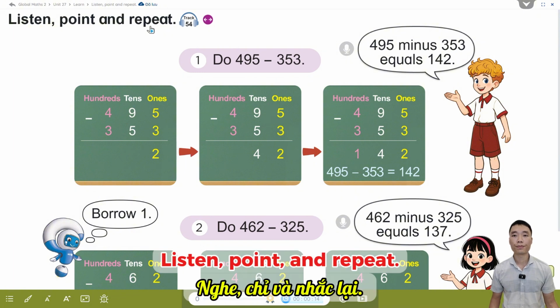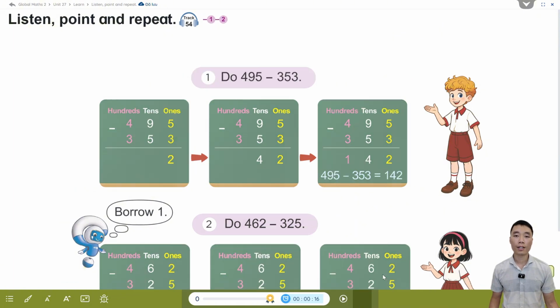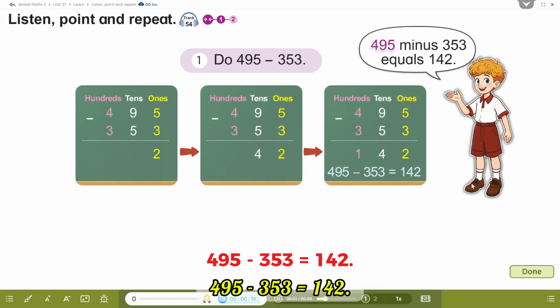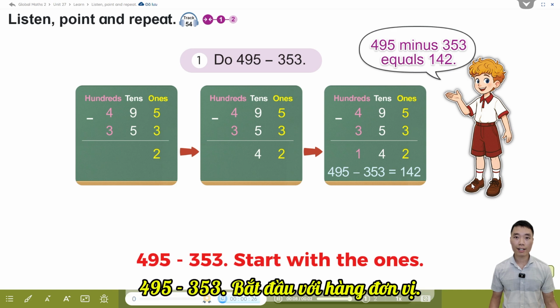Listen, point and repeat. Let's learn subtraction. 495 minus 353 equals 142. 495 minus 353.